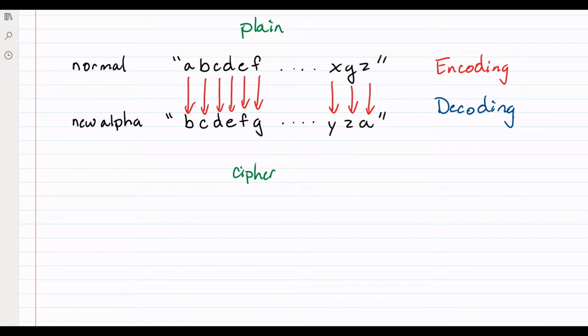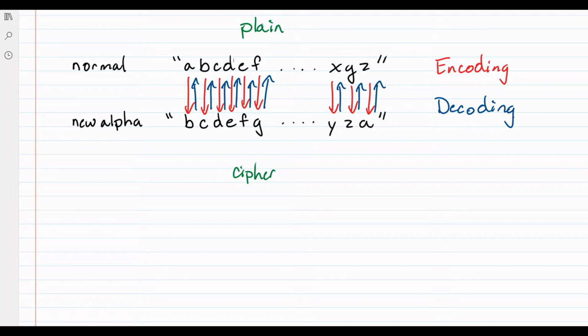This new alphabet is what matches the ciphertext. So when you decode, you would look for, say, the E in the ciphertext message, and then you would know that that would really represent a D. Okay, so if you want to decode, you can just go the opposite way. And this would be a good place to start because it's used for both encoding and decoding.